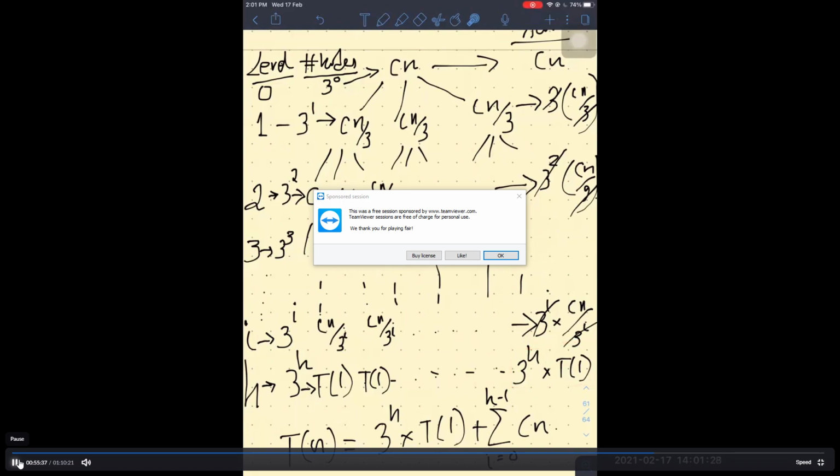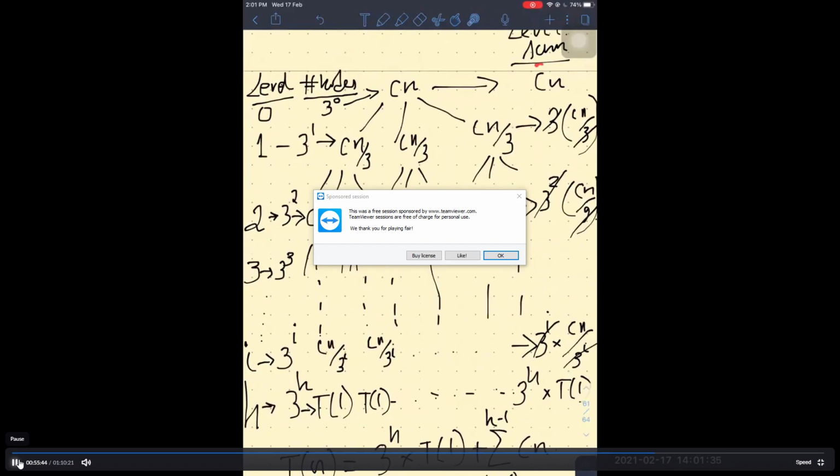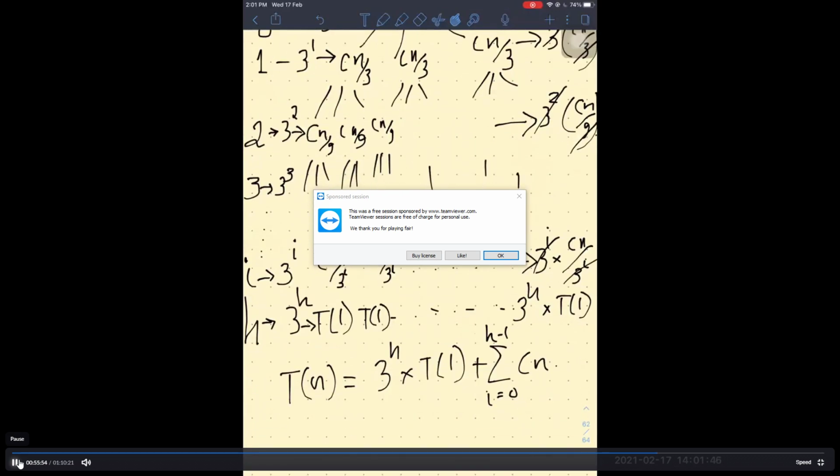For all the other levels, we can just remove that. As you can see here, for all the levels we get c(n), from 0 to h minus 1. Is this clear, how we are getting this part?